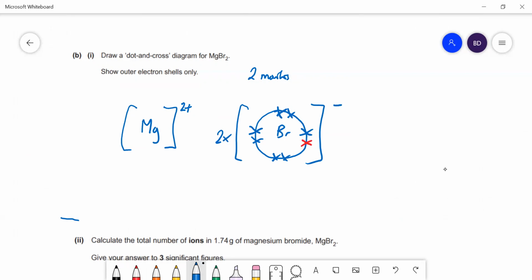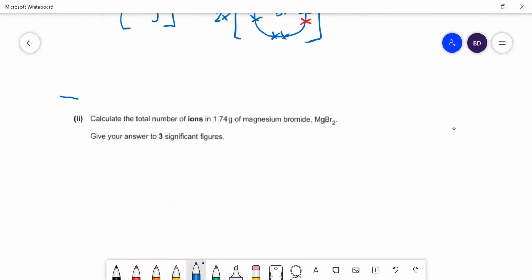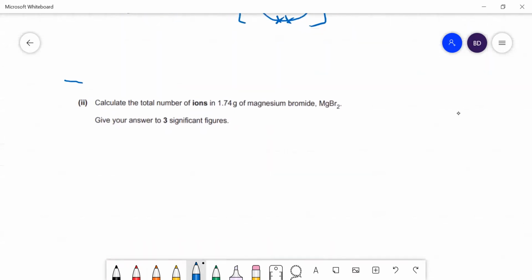Right. Calculate the number of ions in 1.74 grams of magnesium bromide. Okay, so let's work out the moles of magnesium bromide first of all. So the moles of MgBr2 is equal to the mass over the Mr. So we've got 1.74. Now the Mr of magnesium bromide, magnesium 24.3 and bromine 79.9, so that's 184.1.